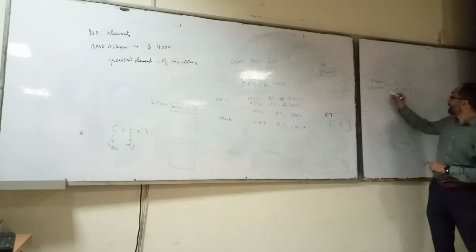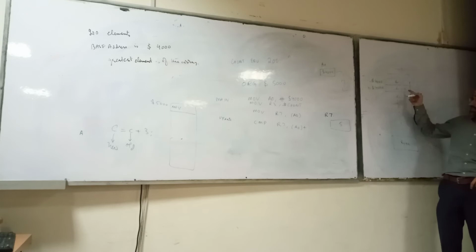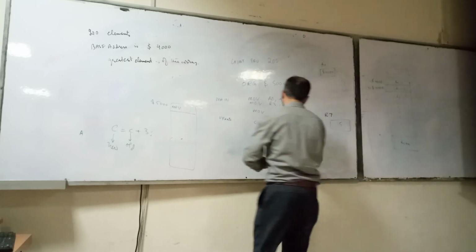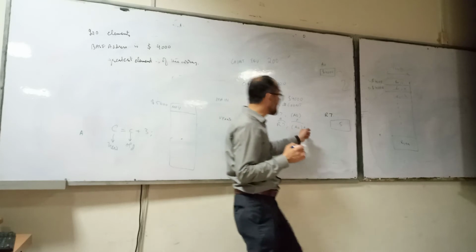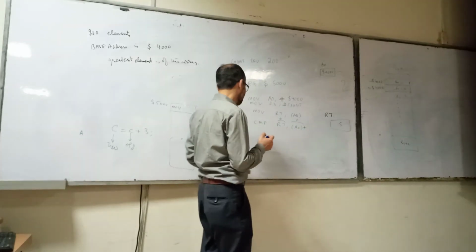We are comparing the second element, 9. If this second element is greater than 5. Now, Q and P. If Q is less than P, we need to do update.